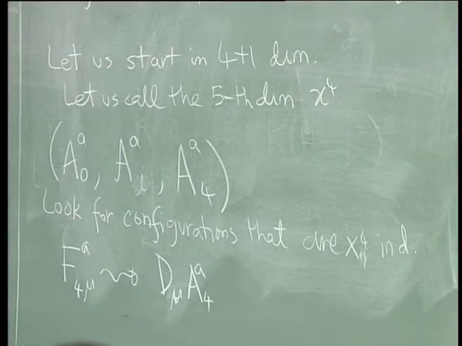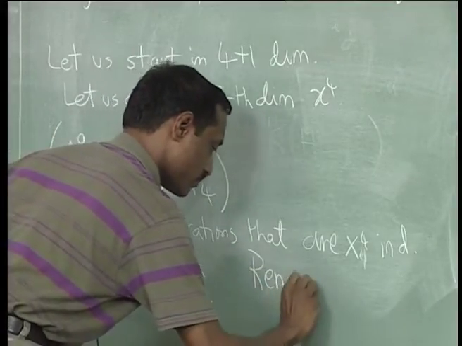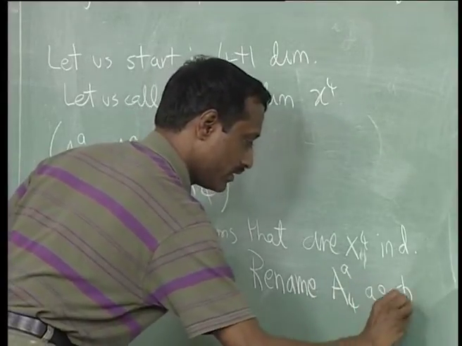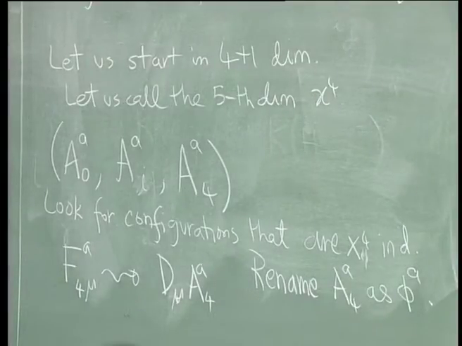Exactly like we did before, and if I just go ahead and rename A4A as phi A, then what would you see?